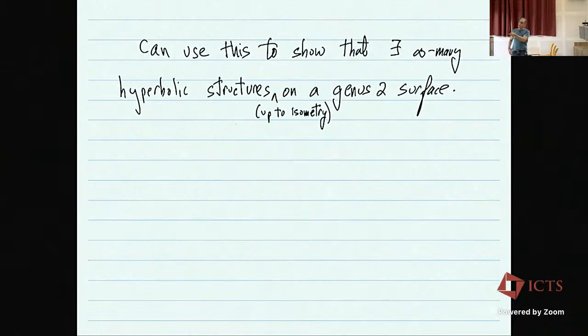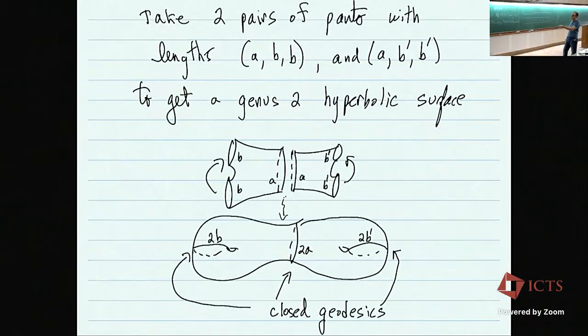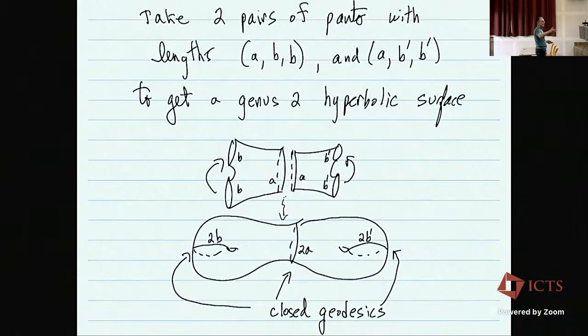So you could use this to show that there's infinitely many hyperbolic structures on a genus 2 surface. Why doesn't this off the bat tell you by changing A, B, and B prime that they're different? Well, there could be an isometry between them that takes those curves to some other set of curves, and the A, B, and B prime change.